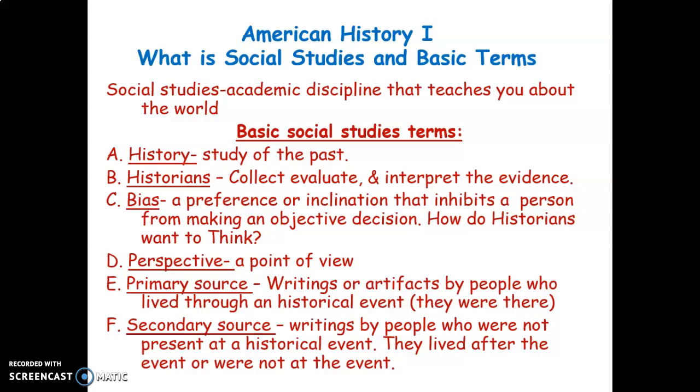So secondary sources are a lot of what we read, and they're cleaned up a little bit from the primary source. Remember, a secondary source tries to add in a bunch of different perspectives.